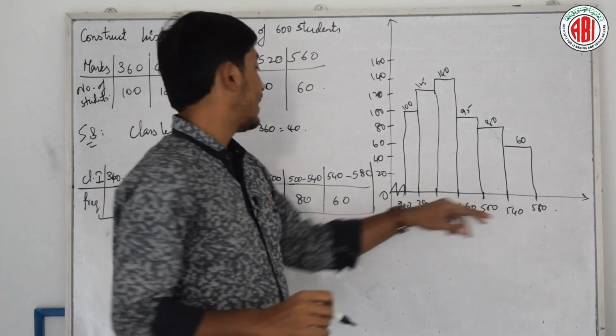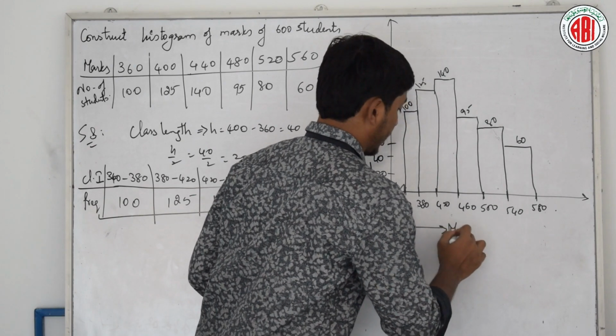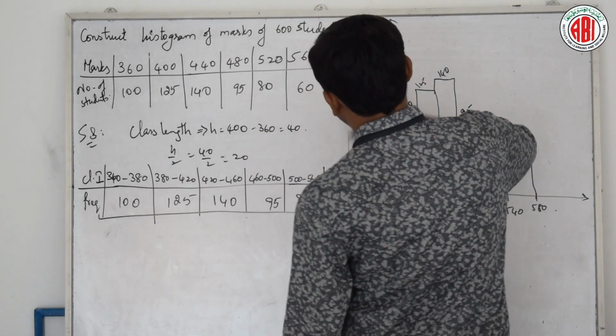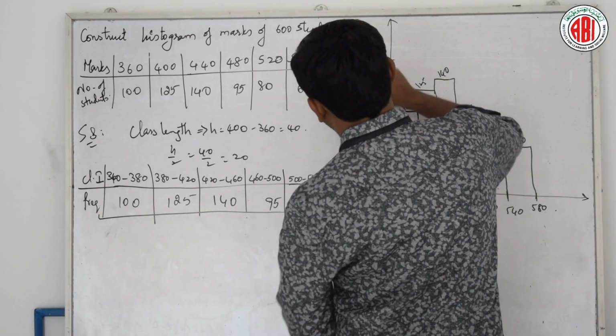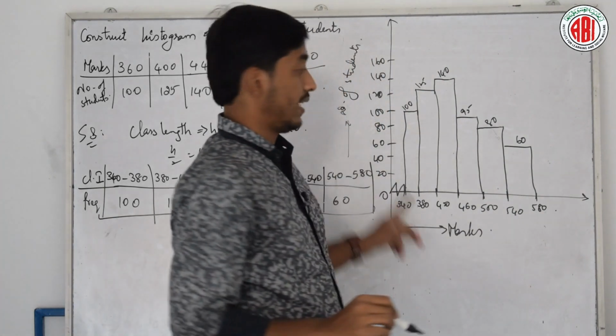Okay. What is the x-axis? The x-axis is marks. What about the y-axis? The y-axis is the number of students. You have to represent this.